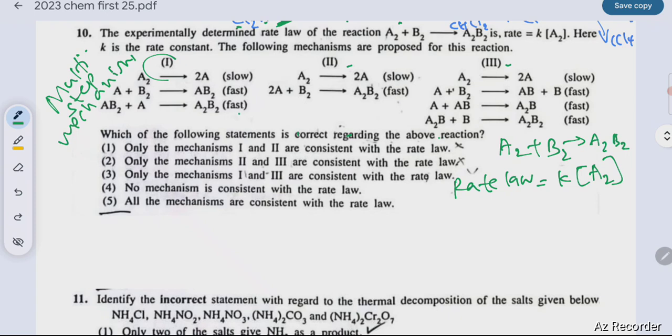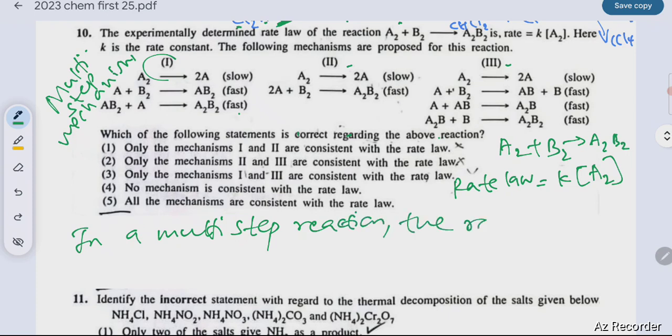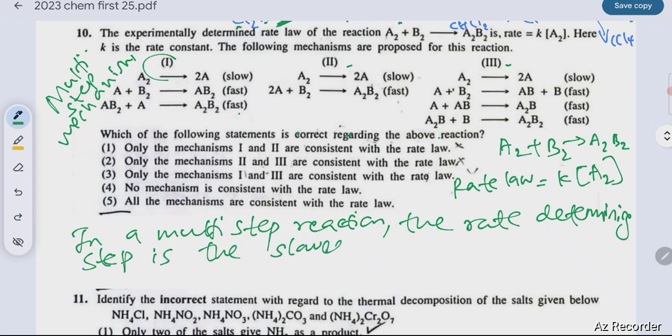In a multi-step reaction, this is a very important point, the rate determining step is the slower step. So here this is the slower step, right?